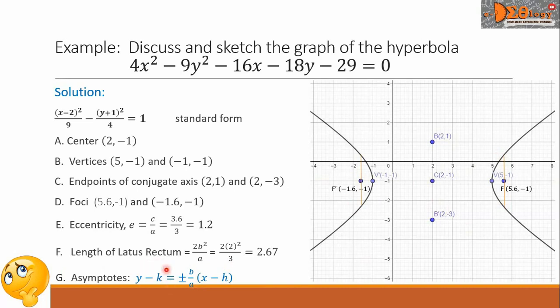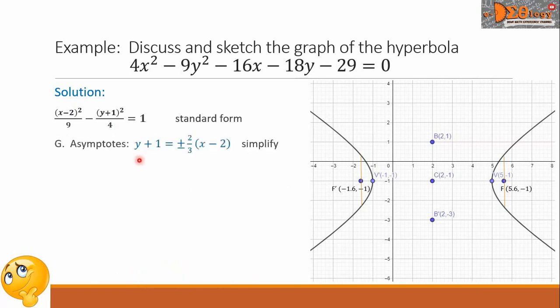For y minus k, we will use y plus 1. For x minus h, we will use x minus 2. And for b over a, we will substitute the corresponding values as 2 over 3. So this is now the equations of the asymptotes.